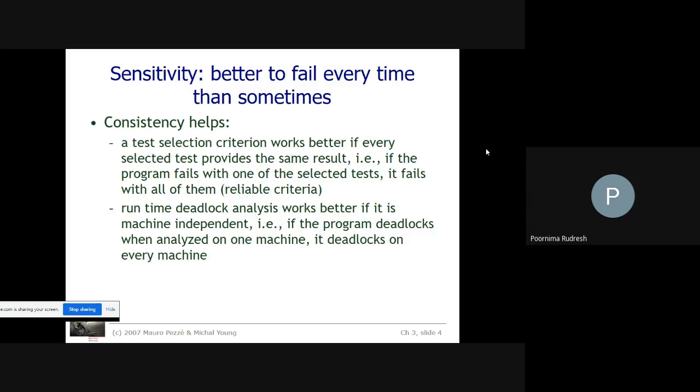Suppose we are checking the deadlock analysis on a single machine which is independent, then analyzing that particular program for the deadlock on one machine is not efficient, because the deadlock occurs when more than one system is trying to get the resources parallelly.